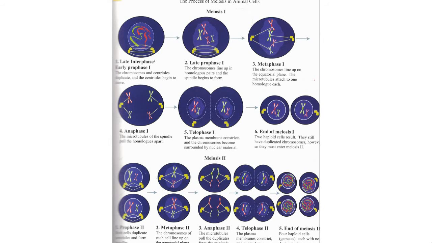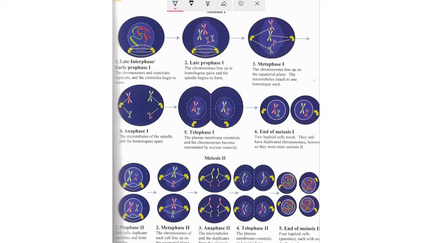Okay, so this is meiosis, and a couple of things I'll point out right away, and that is that meiosis involves more steps than mitosis, though those steps have the same names. They're called prophase, metaphase, anaphase, and telophase, but there is a meiosis 1 and there is a meiosis 2.